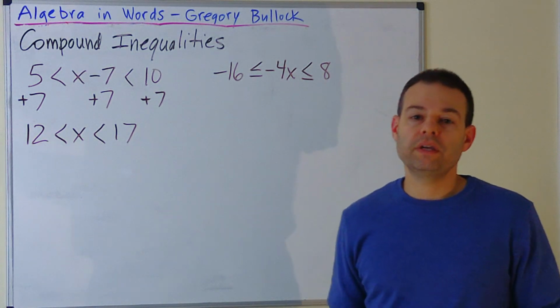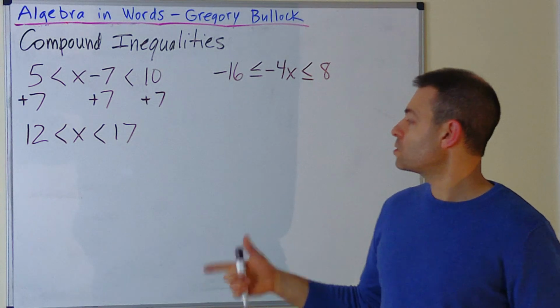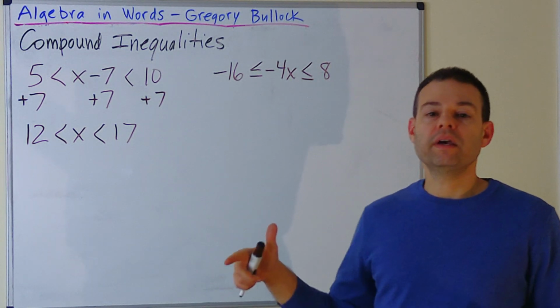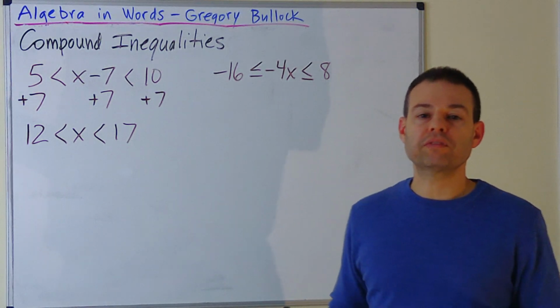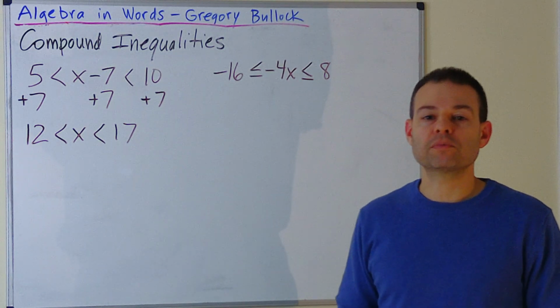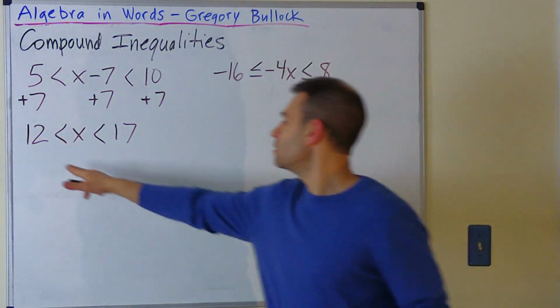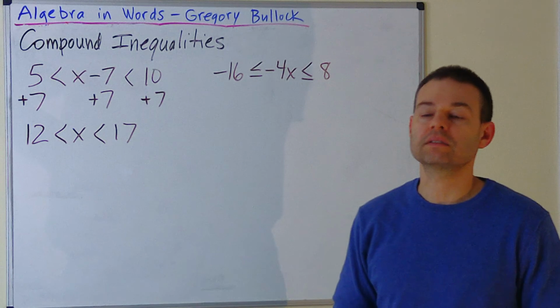So the answer in simplified or solved form for the three-parter is 12 is less than x is less than 17. Before you circle it or move on from the problem, read through it to make sure that it makes sense. If it doesn't, you might need to do a rearrangement, but in this case it does make sense because 12 is smaller than 17, so the arrangement of that is correct.